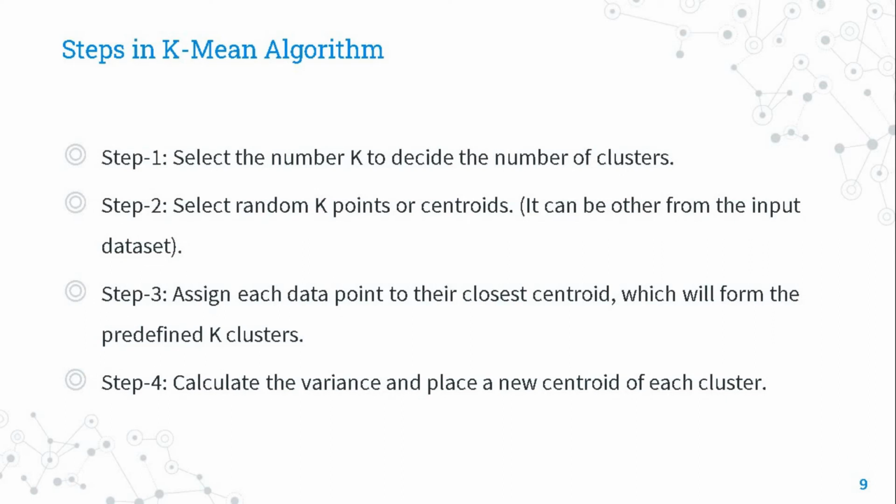Next are the steps in the K-means algorithm. Step 1 is to select the K to decide the number of clusters. Step 2 is to select random K points or centroids. Step 3 is to assign each data point to its closest centroid, which will form the predefined K clusters. Step 4 is to calculate the variance and place a new centroid for each cluster.